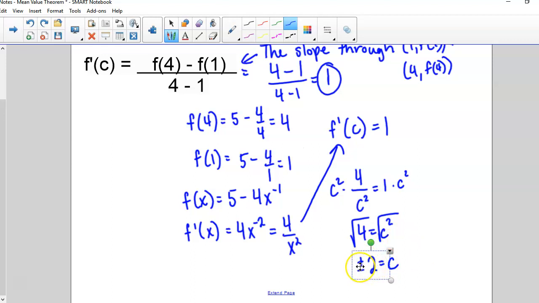No, only the positive, so we'll not use that negative there. So 2 would be your answer. Okay, questions? 2 is not always the answer. It just happens to be on both of these problems.